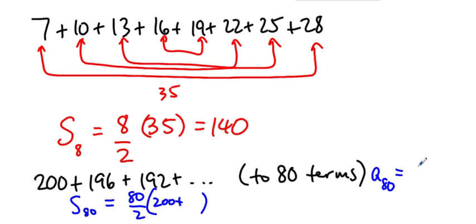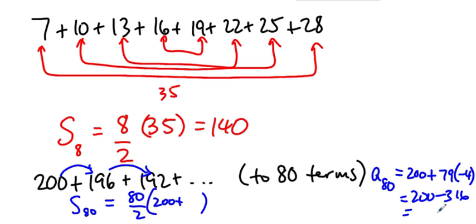The 80th term of an arithmetic sequence is 200 plus 79 jumps of -4. To get to the 80th term, I need 79 jumps, and each of those jumps is -4. So, oh my goodness sakes, 79 fours, that's, oh, carry a 3, -316, and that's a total of -116.